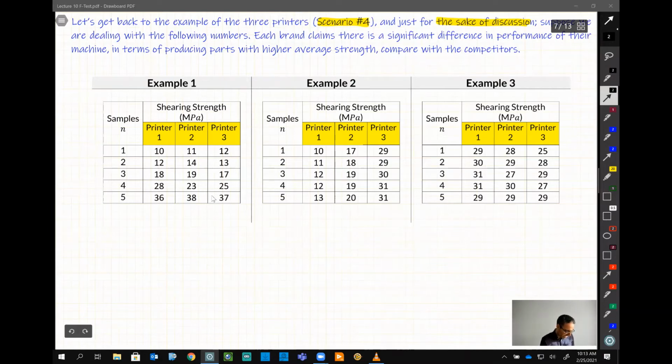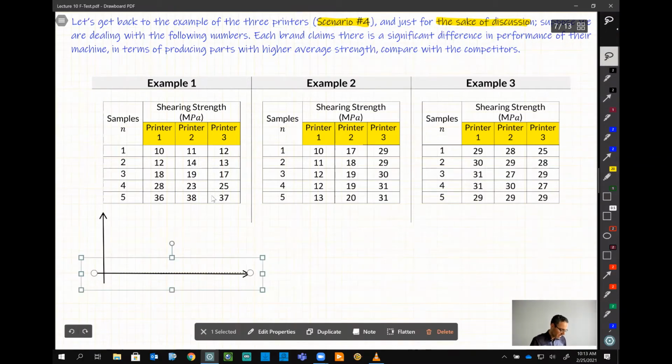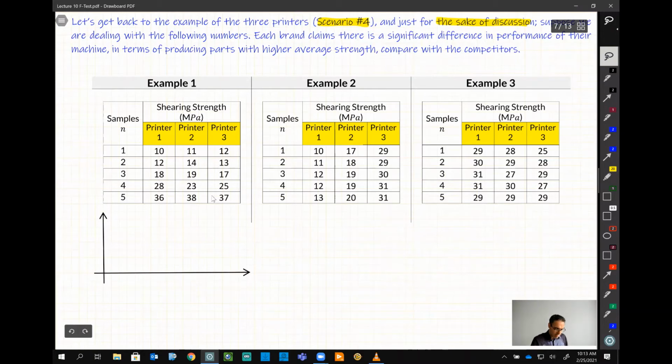Just for the sake of discussion, if I plot the PDF of this data, maybe their populations, then can I say the first printer comes from a population with a huge variance, like a normal distribution whose width is very large.